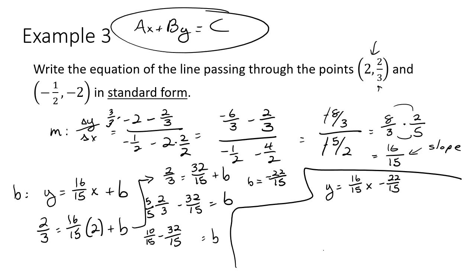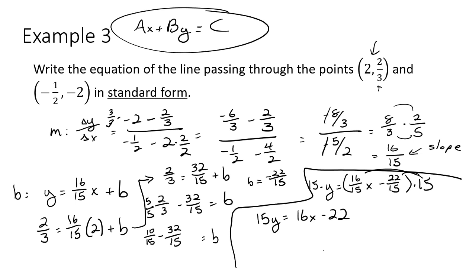And the other thing to remember about standard form is no fractions. So the first thing I'm going to do is get rid of these denominators of 15. The common denominator is clearly 15 itself. So I'm going to multiply both sides by 15. So we get 15y on the left, and on the right, this 15 just cancels out both of the denominators. So we get 16x minus 22.